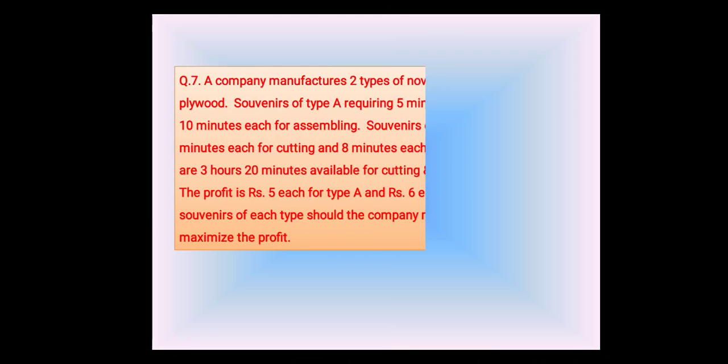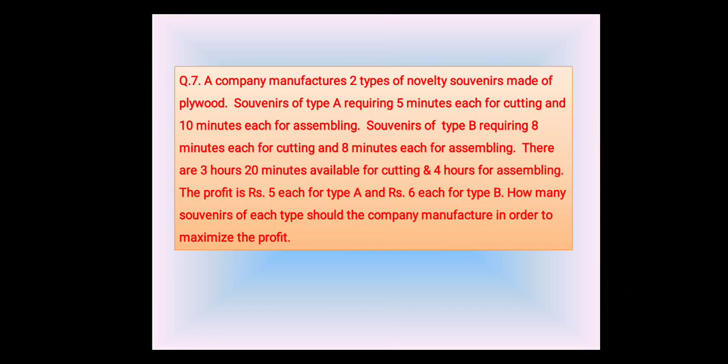Next example: a company manufactures two types of novelty souvenirs made of plywood. Souvenirs of type A require 5 minutes each for cutting and 10 minutes each for assembling. Souvenirs of type B require 8 minutes each for cutting and 8 minutes each for assembling.